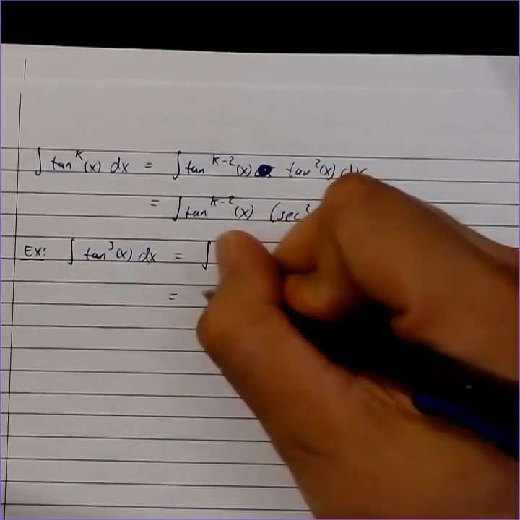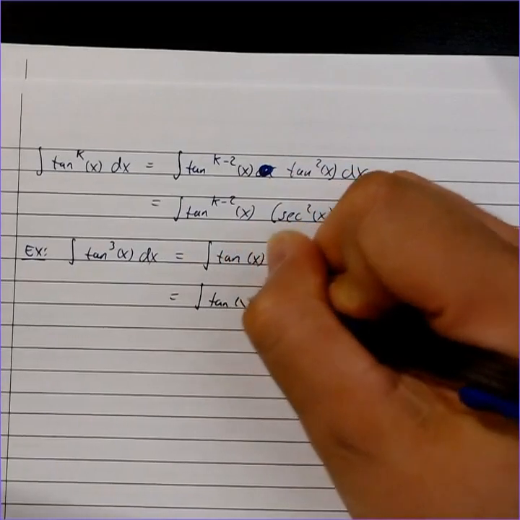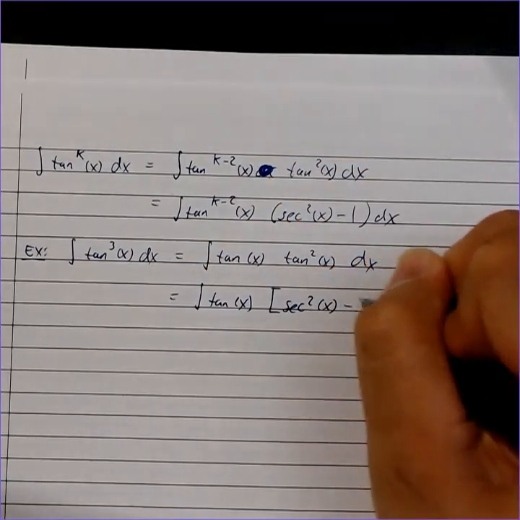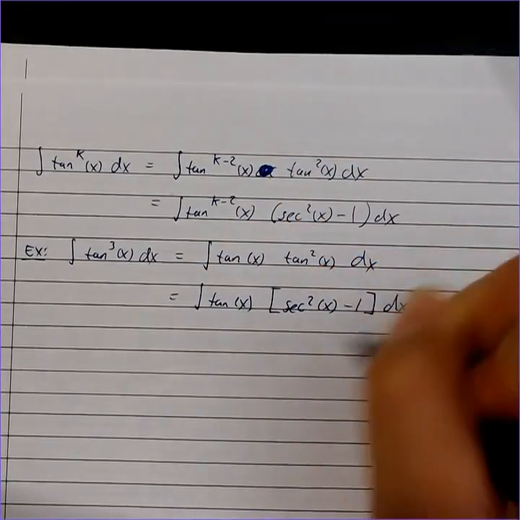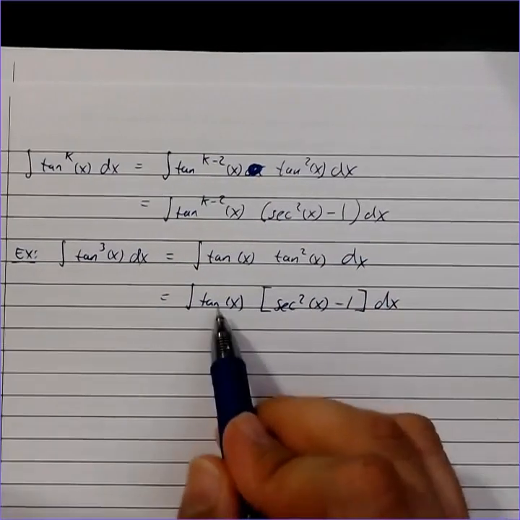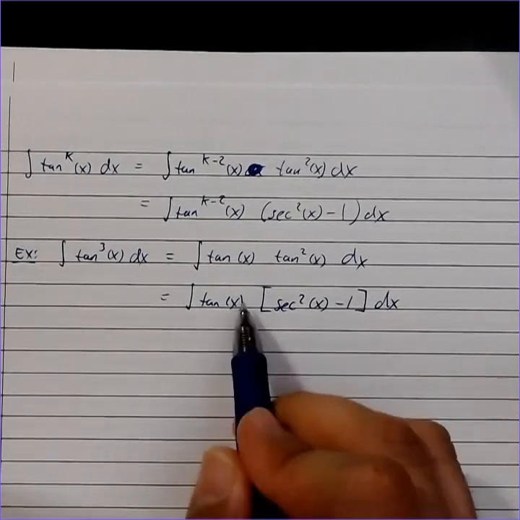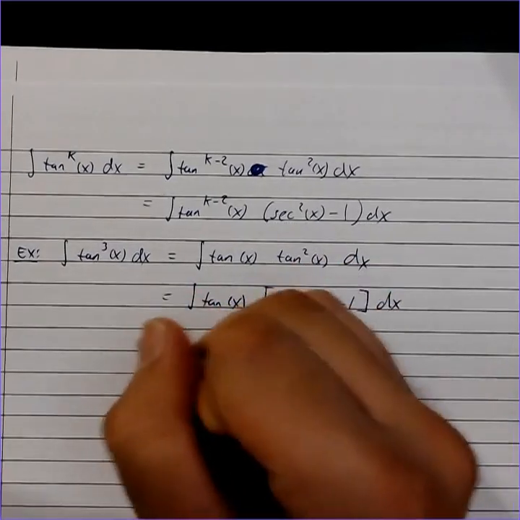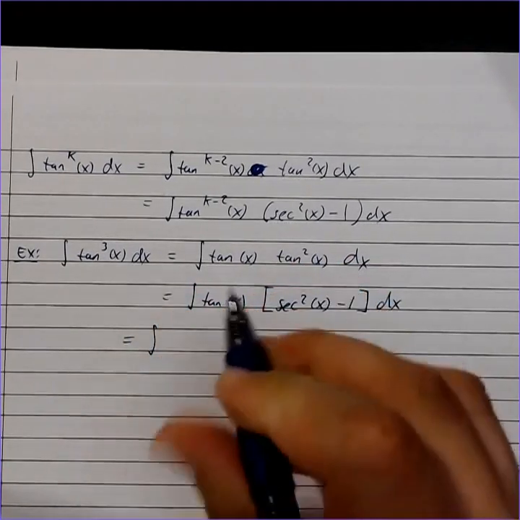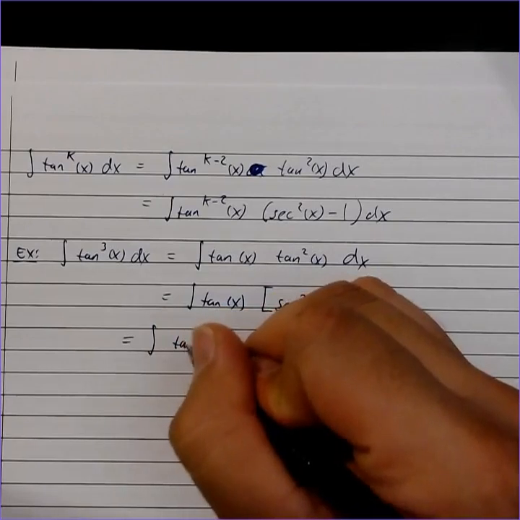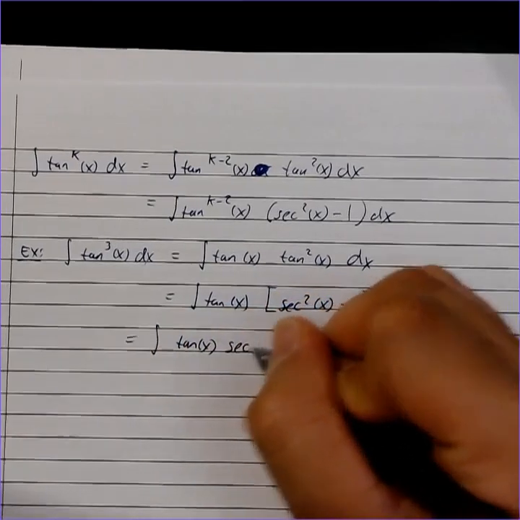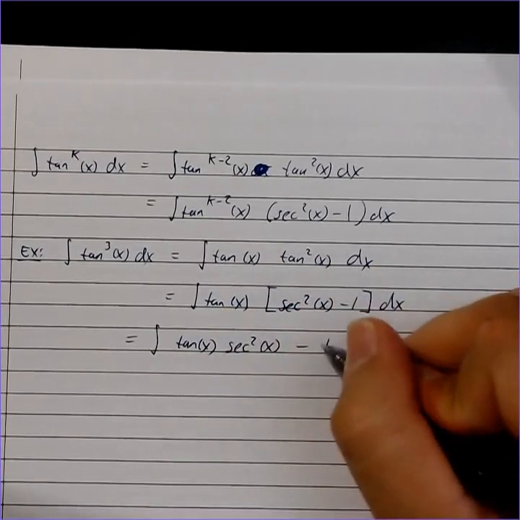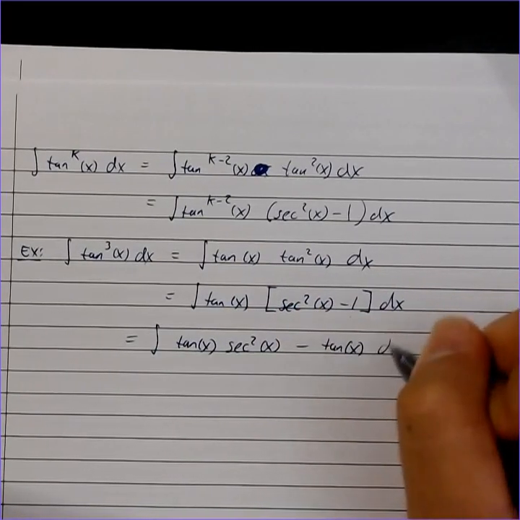So we have this new expression. And now we can integrate. Well, these are two separate integrals though, so let's distribute first, and then we can integrate. So we're writing this as the integral of tangent of x secant squared of x minus tangent of x dx.